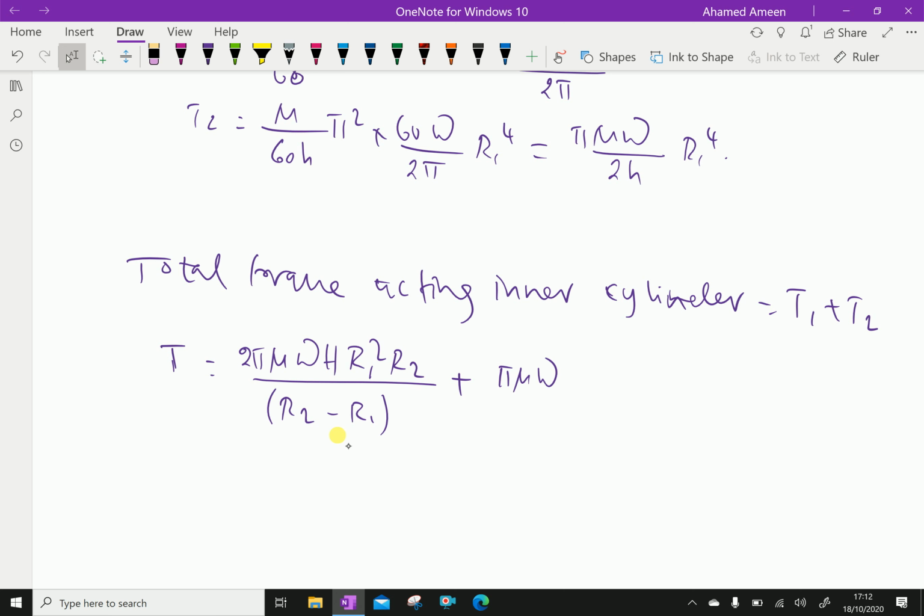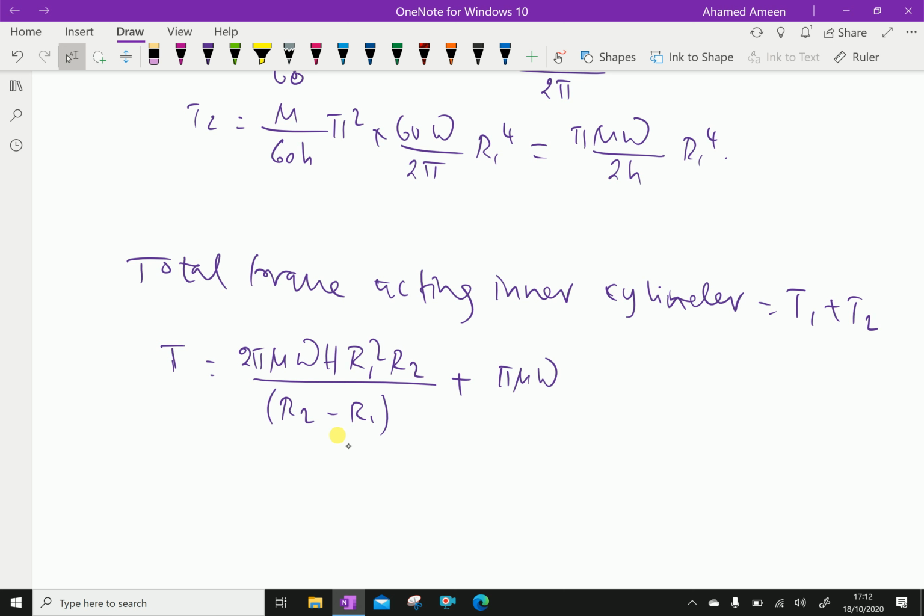From this we can find mu equals 2 (R2 minus R1) h T over pi R1 squared omega (4h into h R2 plus R1 squared (R2 minus R1)).